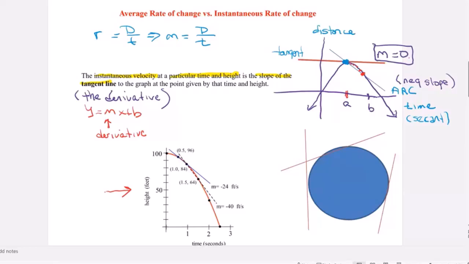We start here at 100. We ended at 0 at 2.5 seconds. And those are all the different points and all the different times along the way. And if you notice, we never actually found the slope of the tangent line, but we can when we start to learn how to find derivatives, okay?